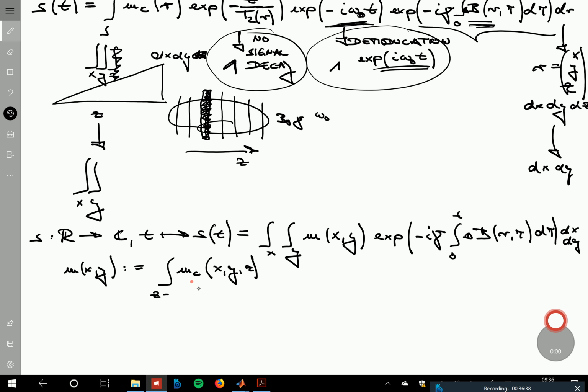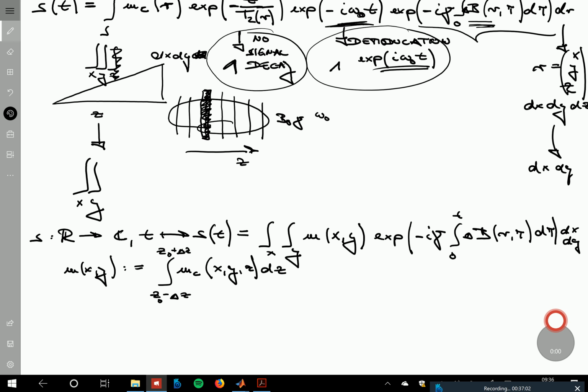So let's say we have a slice width of delta z, located exactly at some point z0, it would be like this.